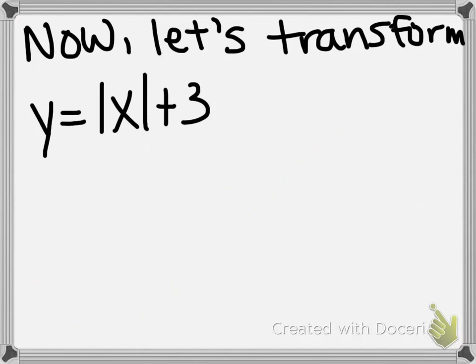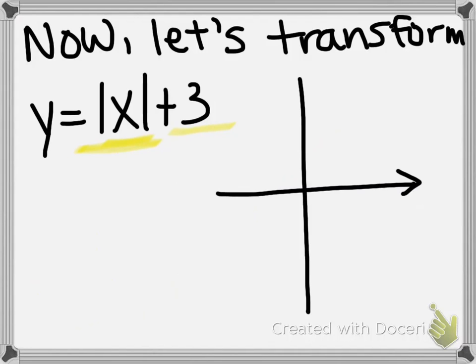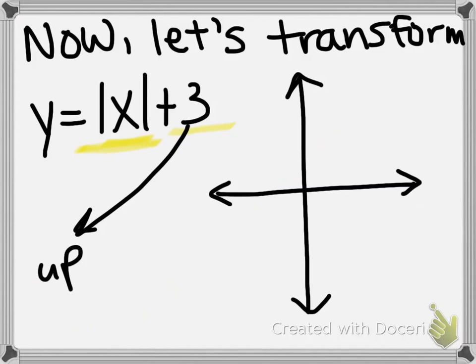So let's try a few of these. The first thing we're going to do is take the parent function, the absolute value of x, and add 3. Because we're adding 3 at the end, we are transforming this by shifting it up 3 places.